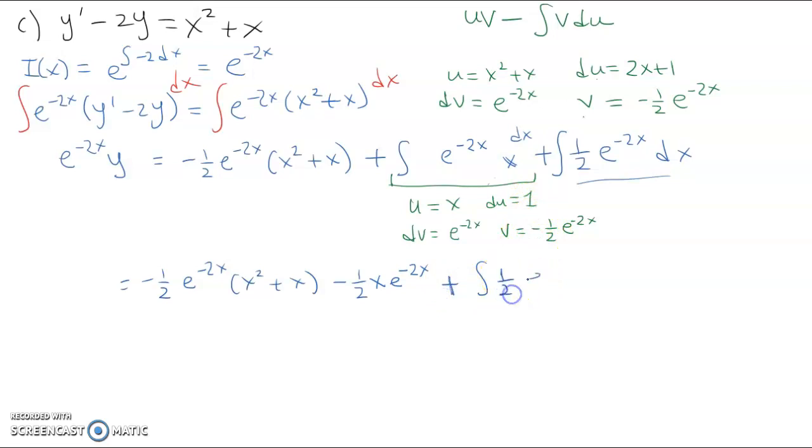So we have 1/2 e to the power of negative 2x dx. And don't forget to bring that down. That's going to be negative 1/4 e to the power of negative 2x plus c.